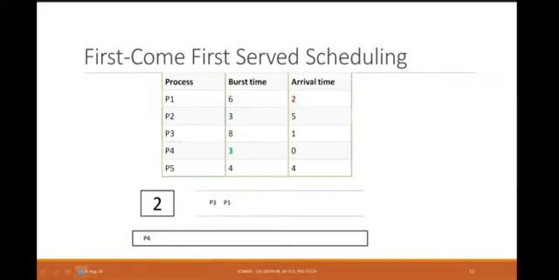At time 2, what happened? I have my first process P3, which arrived at time 1, and at time 2 process P1 has arrived.